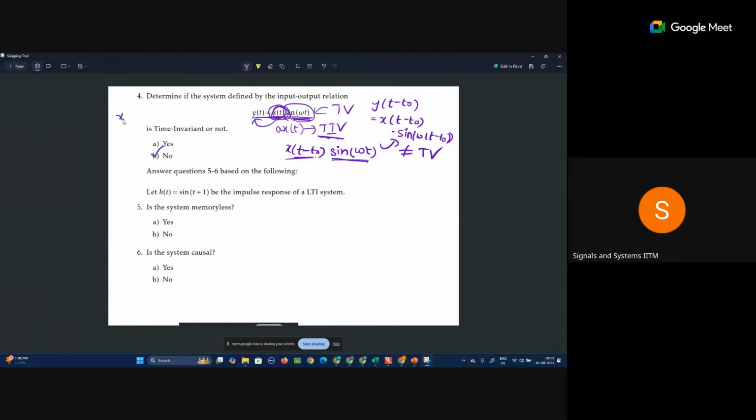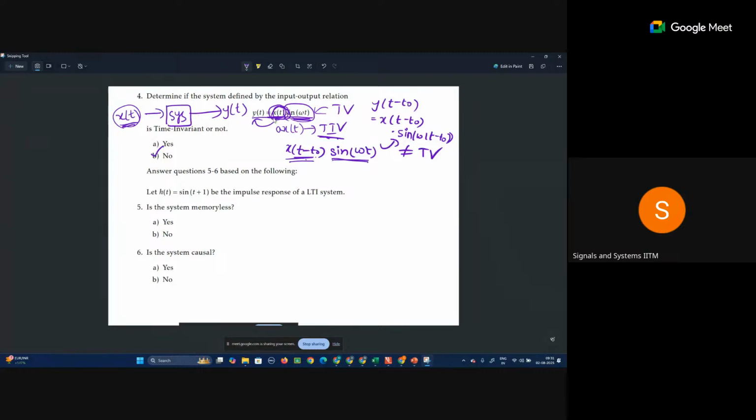Usually, we take x of t as the input and y of t as the output of a system. Here we are delaying it, or we can advance it by some constant.